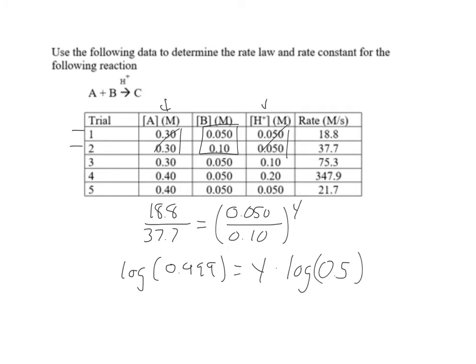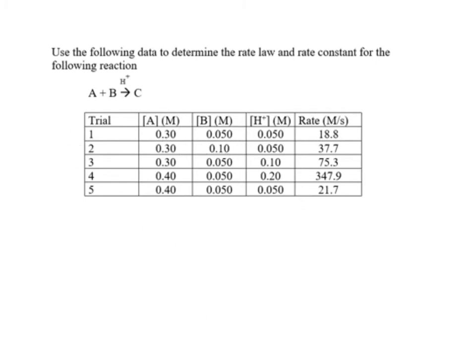And if we treat this similar to the way we treated the last one, we come up with Y is equal to 1. So now we know that the order in A is 0.5, the order in B is 1, and all we need left is to find the order in H.